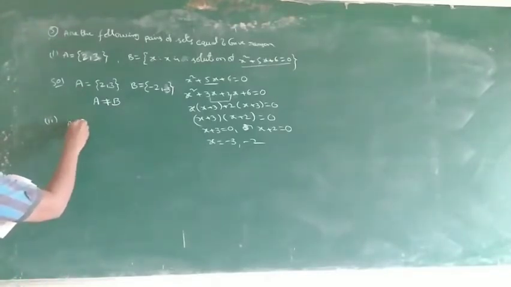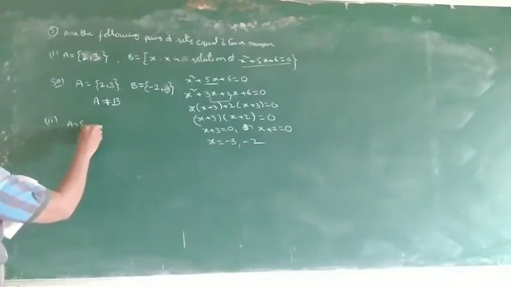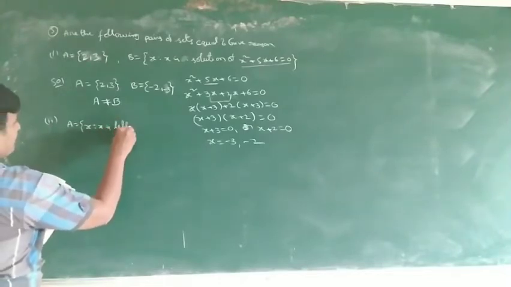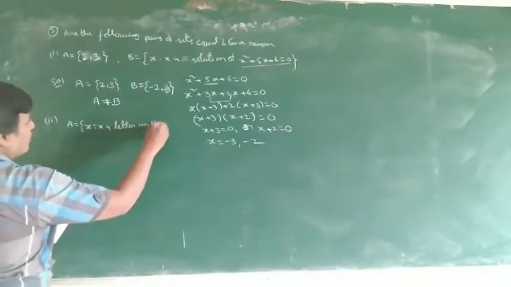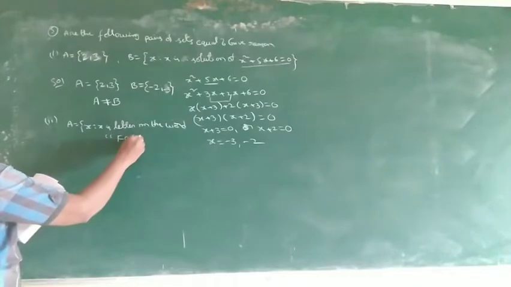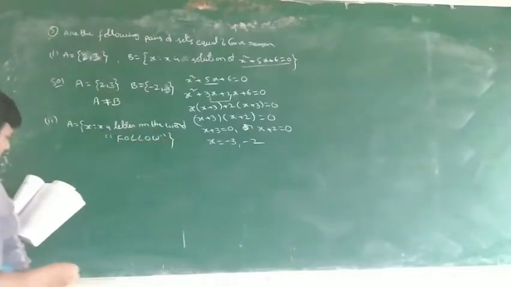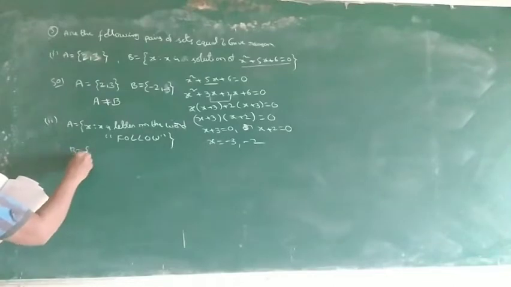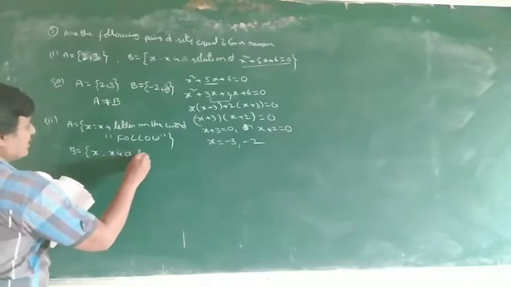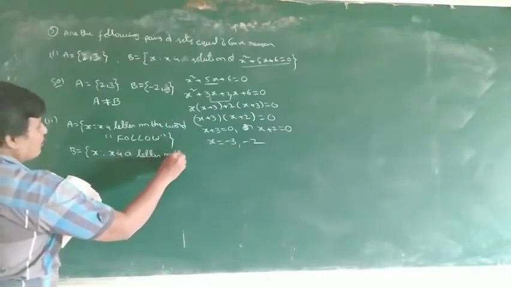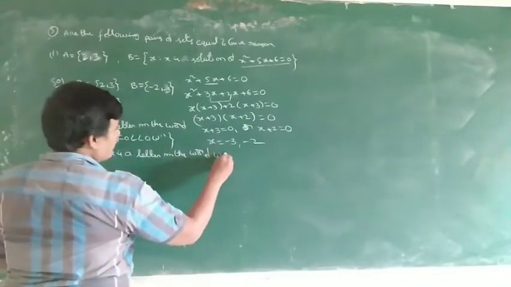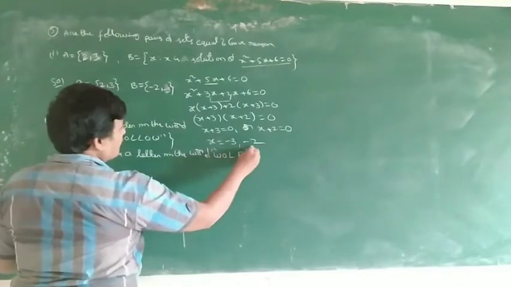A is equal to the set of all x such that x is a letter in the word follow. Next, what is B? The set of all x such that x is a letter in the word wolf.